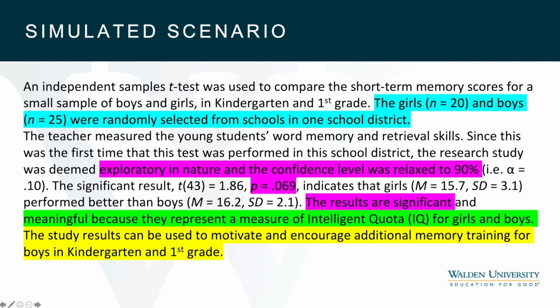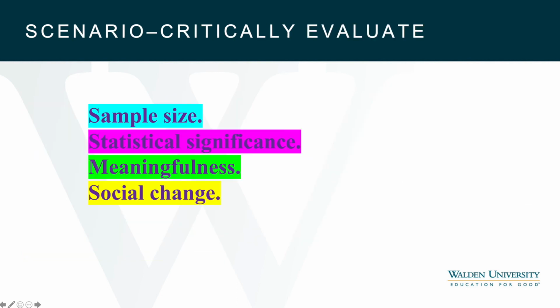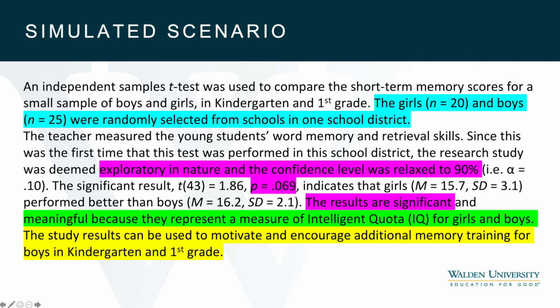Now let's talk about the meaningfulness. Is this meaningful to measure young kids for short-term memory as a representation for IQ? As far as I know, we do not execute IQ tests on our young kids, so that makes it less meaningful. It's also not very meaningful to move that confidence level.